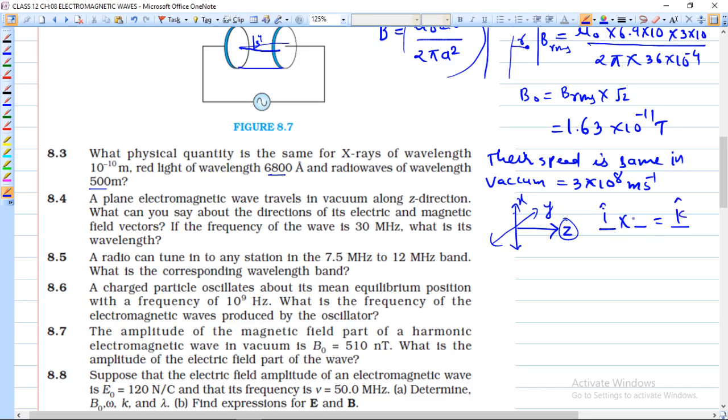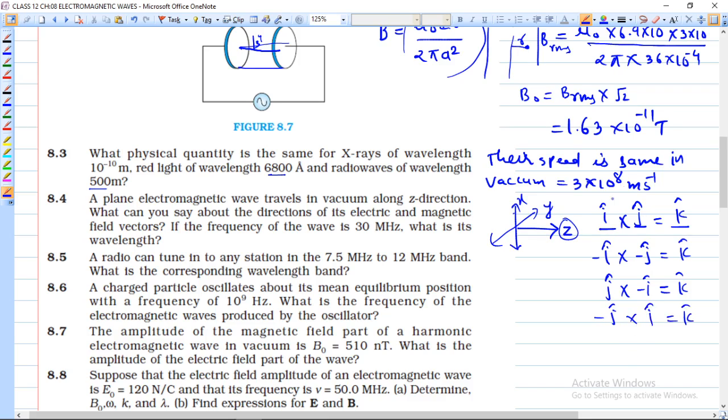First of all, suppose electric field is in the positive x, and magnetic field will be in the positive y. i cap cross j cap is equal to k cap. Now minus i cap cross minus j cap is also equal to k cap. Now j cap cross minus i cap is equal to k cap, and minus j cap cross i cap, minus j cap cross minus i cap... also equal to k cap.